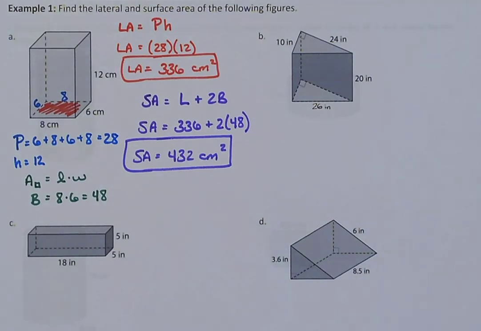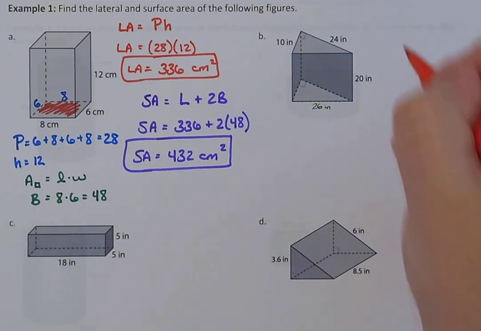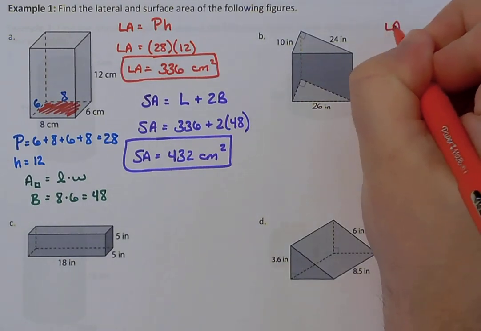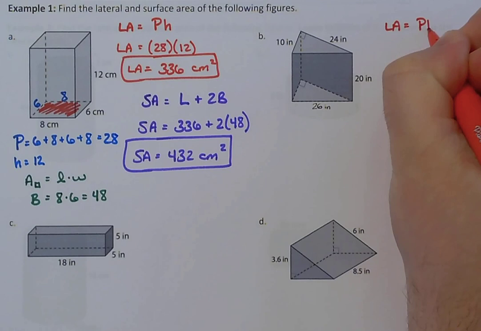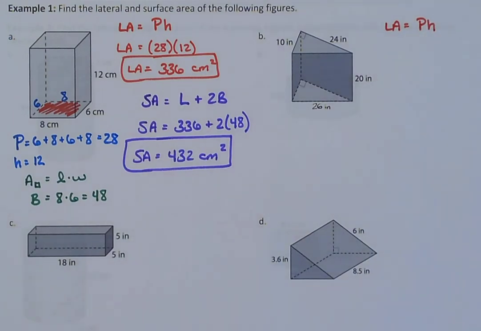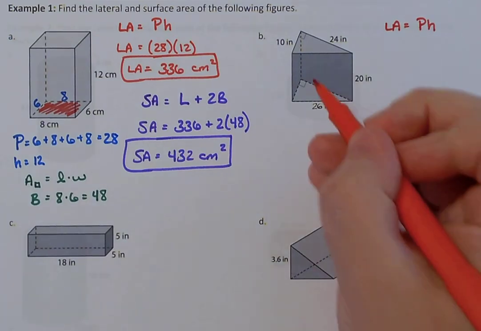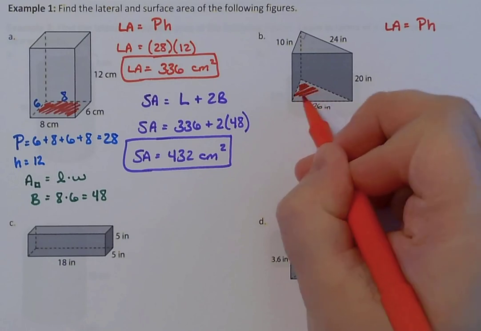All right, so for B, let's start with the lateral area. So lateral area is perimeter of the base times the height of the prism. So our base is this triangle right here.